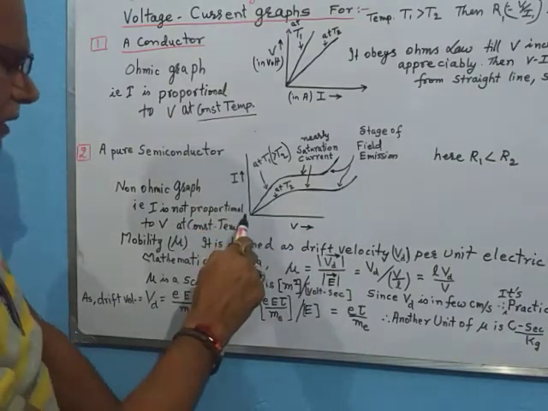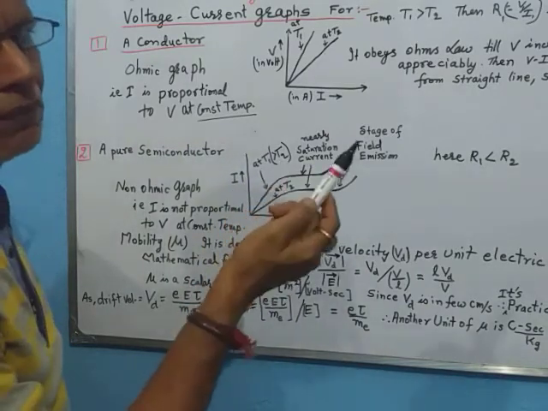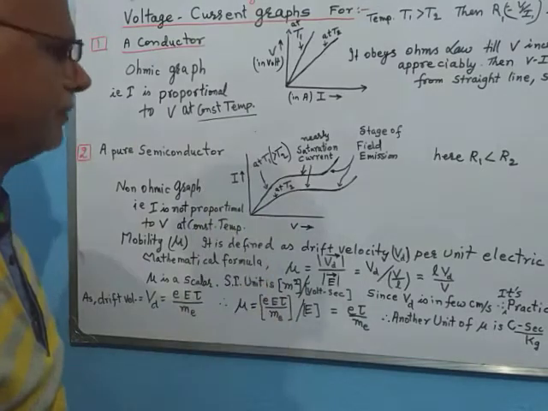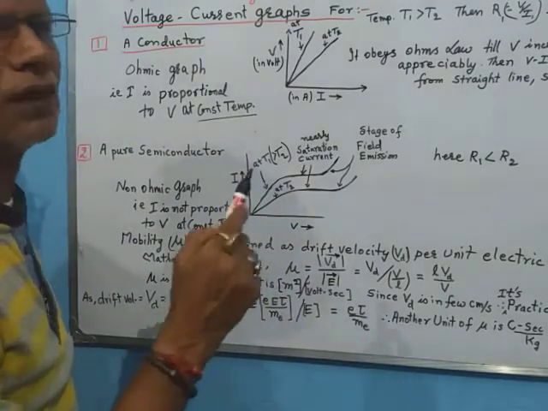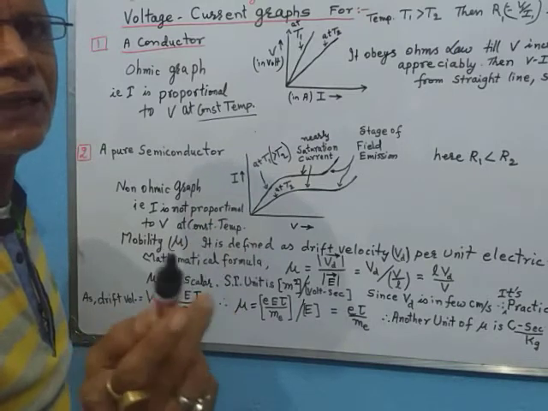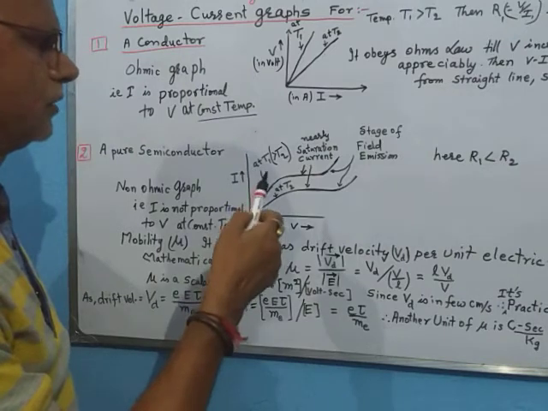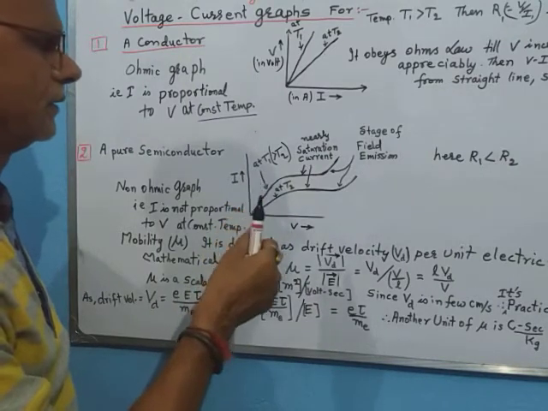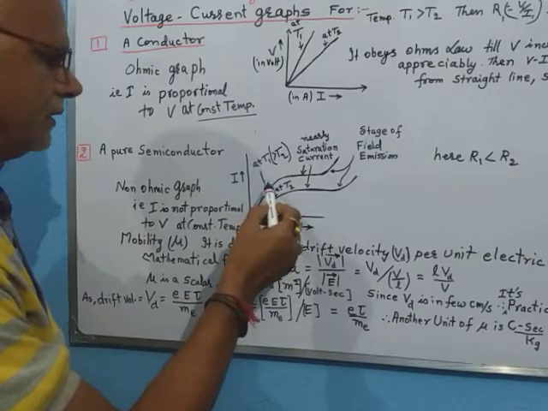But we are taking some temperature T1, maybe room temperature, or something different from 0 Kelvin. The moment we move from 0 Kelvin, a few of the charge carriers are released from the molecules. The covalent bonds are broken due to thermal agitation and thermal energy, and therefore they start conducting.